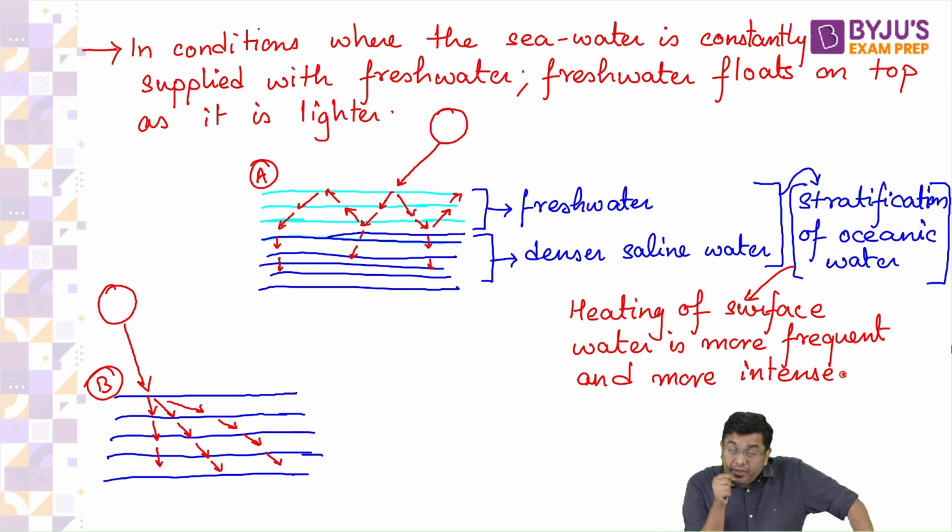Right? So basically, that is the reason why you will have greater occurrence of tropical cyclones in the region of Bay of Bengal, in the region of Gulf of Mexico, because there also you have large rivers such as Mississippi, Missouri, etc. You have rivers such as Rio Grande, etc., that end up draining into Gulf of Mexico.